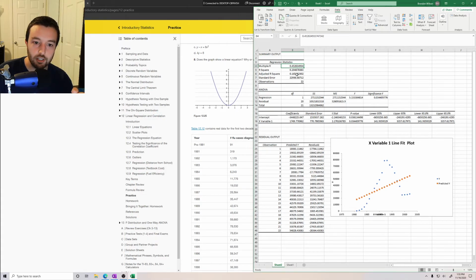Adjusted R squared is just another type of R squared, which we never talked about, so don't worry about that. ANOVA is what we're going to do in chapter 14 or 13, and same with the F statistics and stuff like that. You can see some familiar words here, right? Like your T statistics, your P values, your lower 95%, your upper 95%, meaning the tail parts of that bell graph.